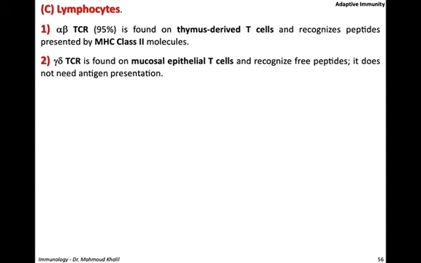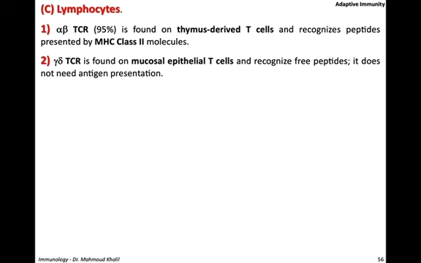So let's talk about the lymphocytes. As we said before, we have T cells, especially those that have alpha and beta TCR, which represent 95%. They are found on the thymus-derived T cell and can recognize peptides presented by MHC class 2 molecules.